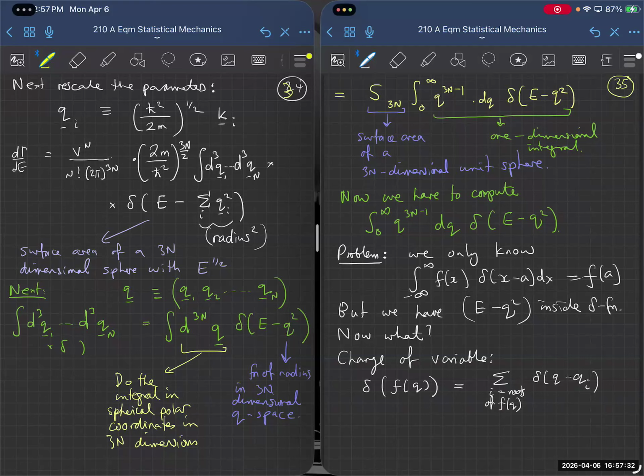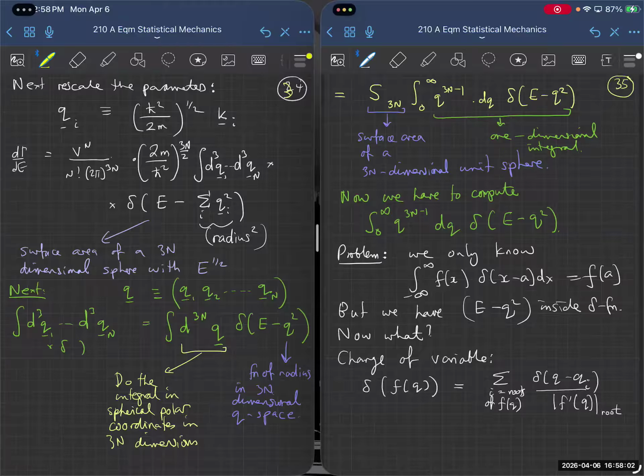But it's not just that. We have to divide by a normalization, and that normalization is f prime of q, the derivative of that function evaluated at each root. So all we're doing is saying I've got a squiggly function like this, and it has multiple zeros, and at each 0, it's going to go through the origin and have some slope.